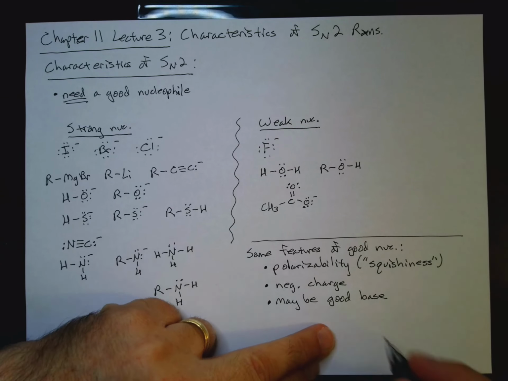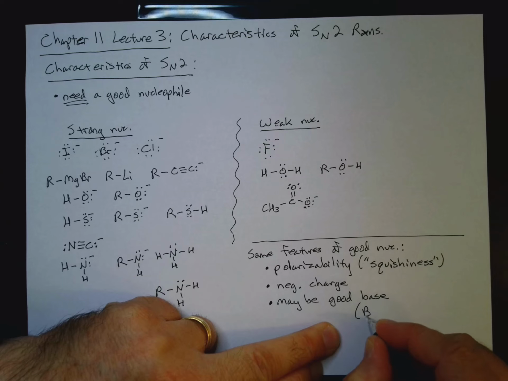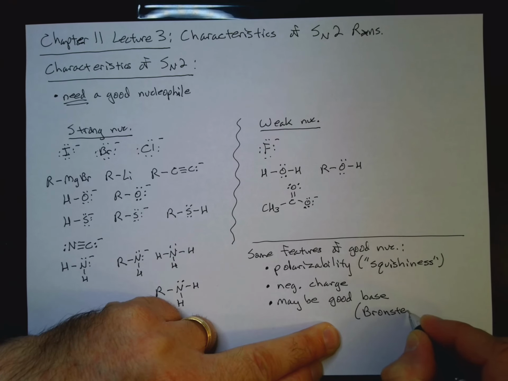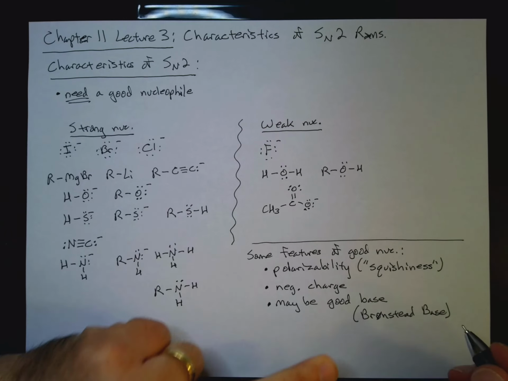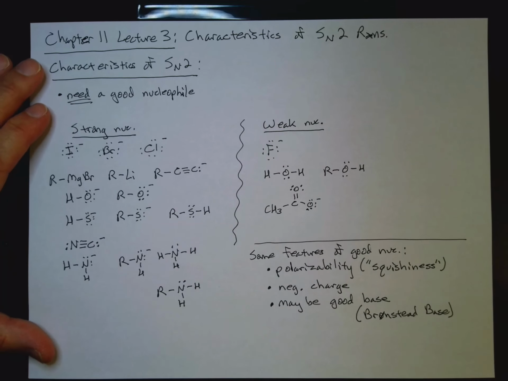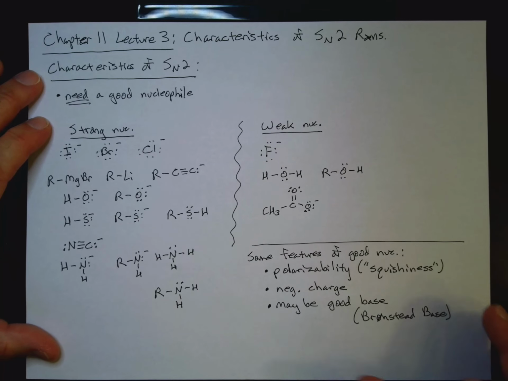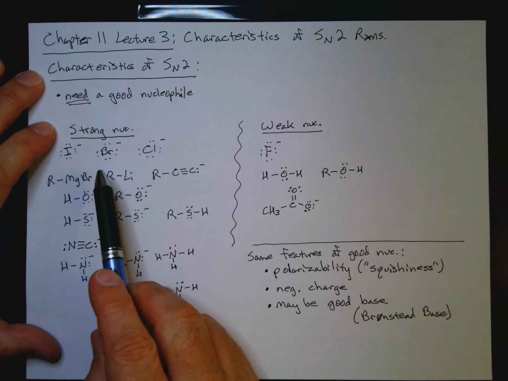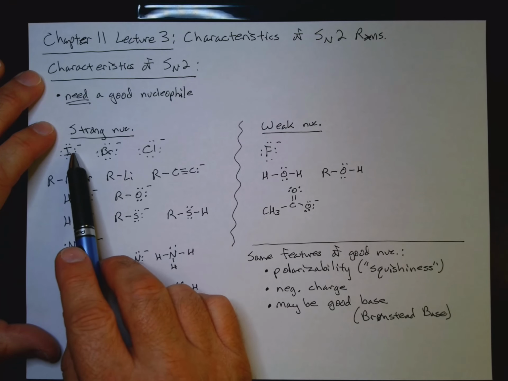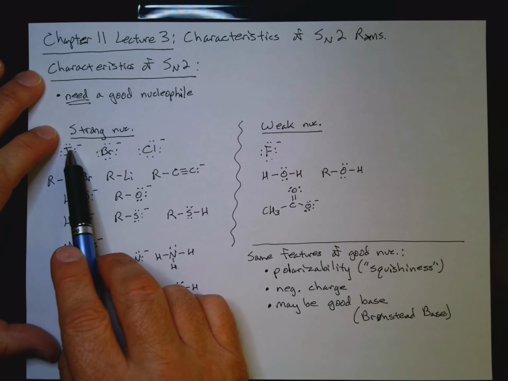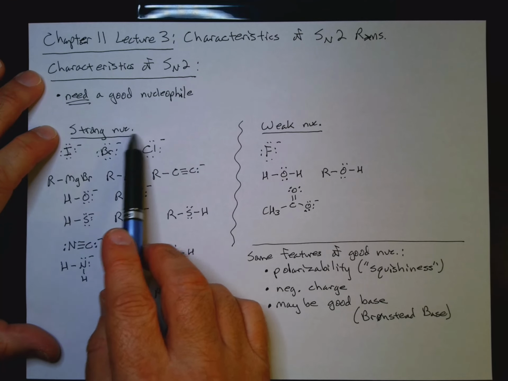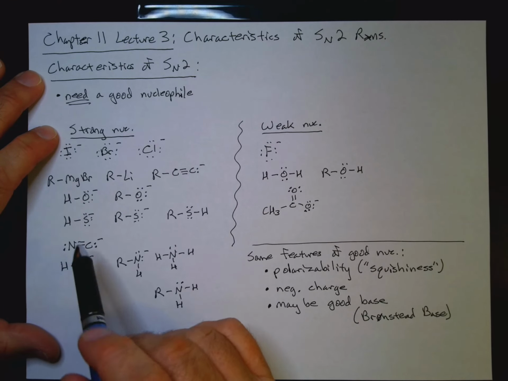And when I say base, I mean Bronsted-Lowry base. So again, basicity and nucleophilicity are two different things. Nucleophilic strength is the tendency for the nucleophile to react with an electrophile, like say an electron-deficient carbon.